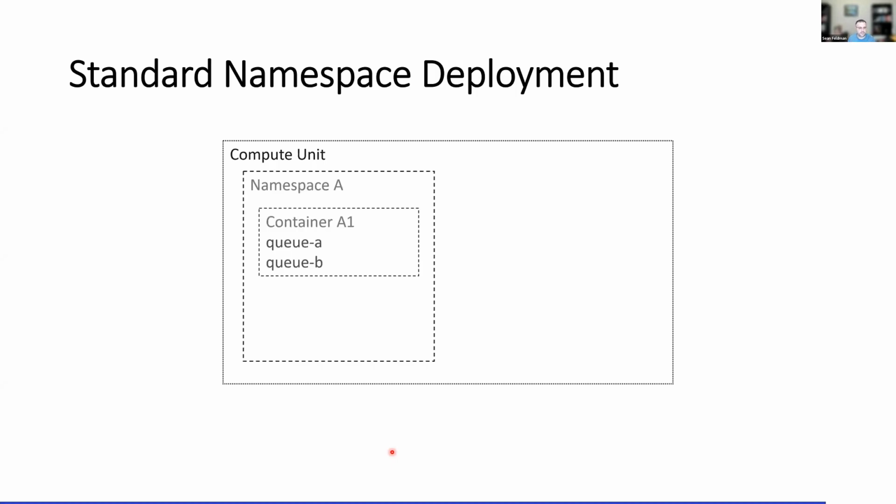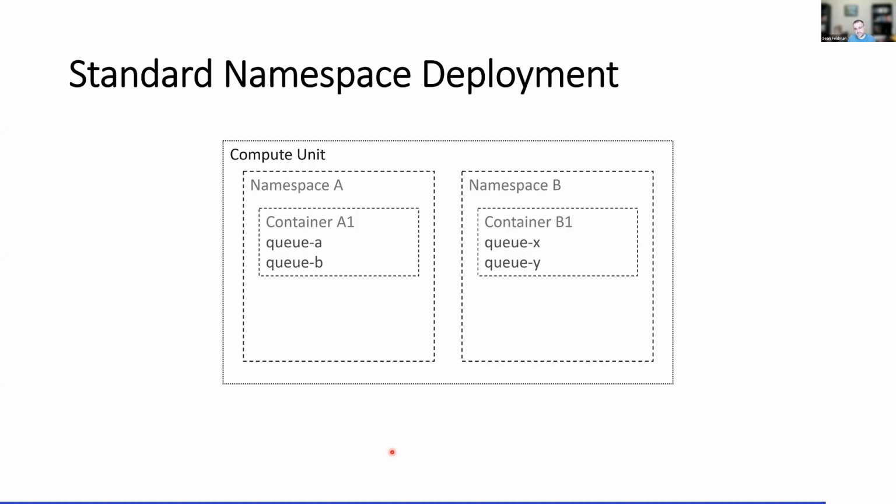And that container unit can contain multiple namespaces. Each namespace, right, is comprised of those containers. So for namespace A that I've provisioned for my queues, I have container A1, which has QA and QB. And there's another namespace that someone else is using that has its own container with its own queues.